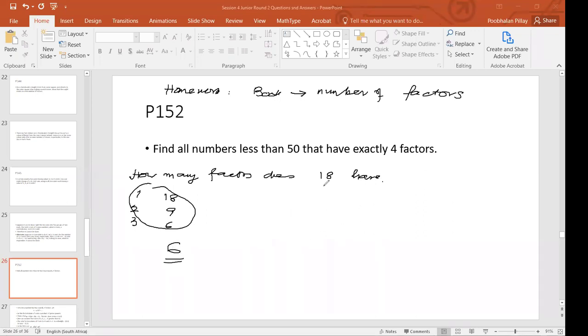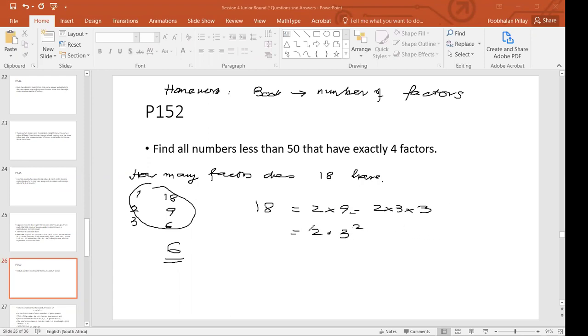Now there is another way of doing this, and this is what we are going to use. You factorize 18: 2 times 9, that's 2 times 3 times 3, which is 2 times 3 squared. You write it as a product of powers of prime numbers. You must write it like this.